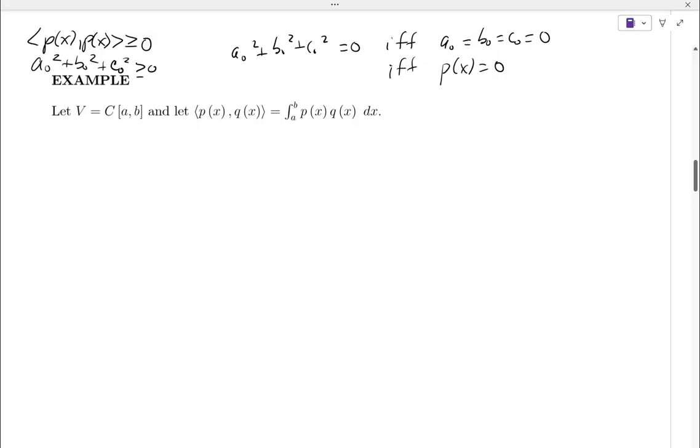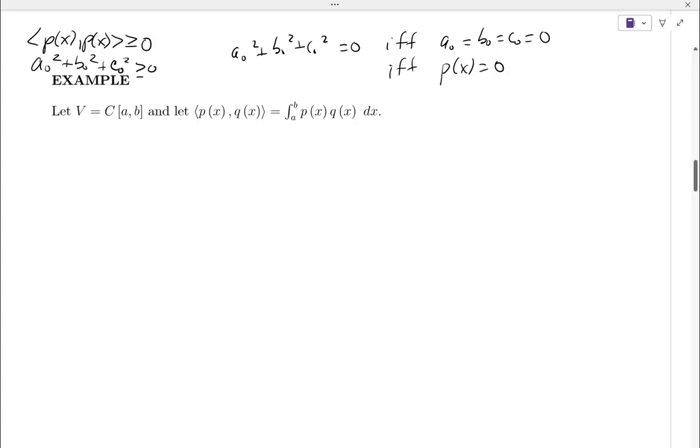Feels different. This is definitely different. But again, hopefully it's pretty obvious that commutativity works, right? We agree it's pretty obvious that the inner product will work either order. Because the product is really taking place in here. P of x times q of x as polynomials is the same thing as q of x times p of x, right? So the first axiom is not too big of a deal.